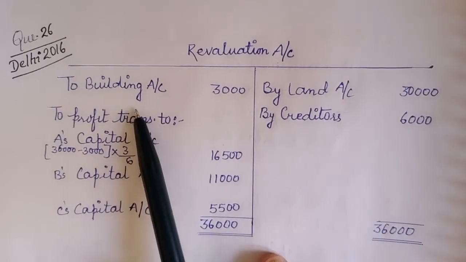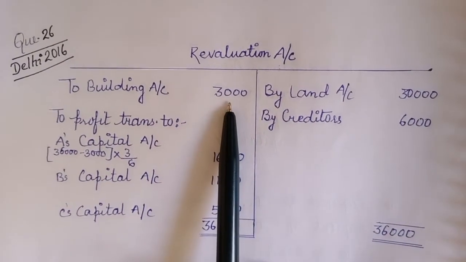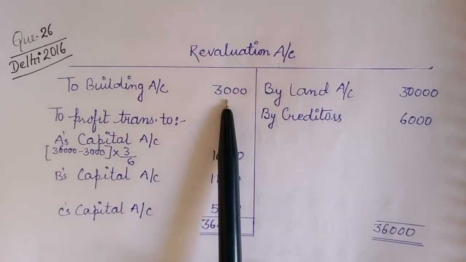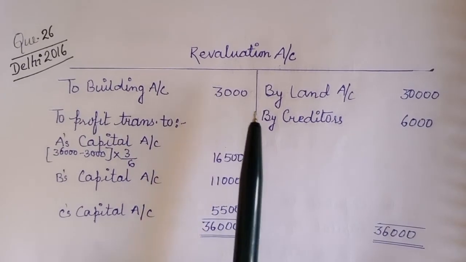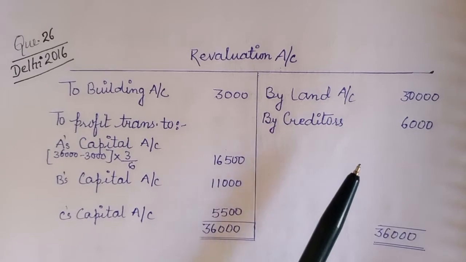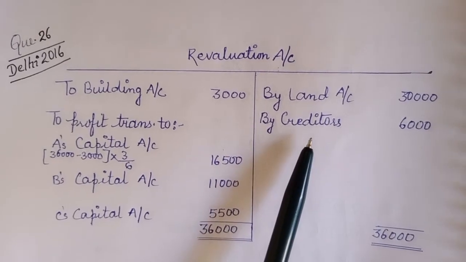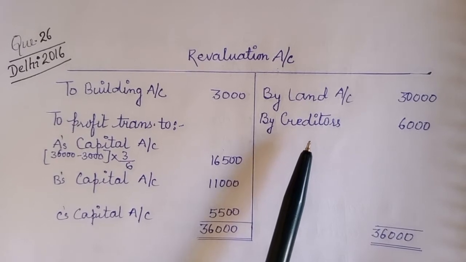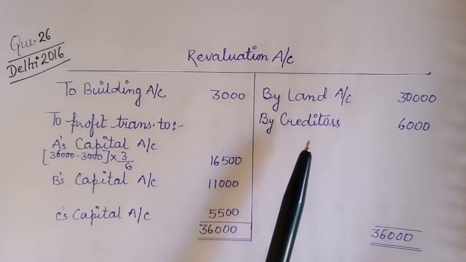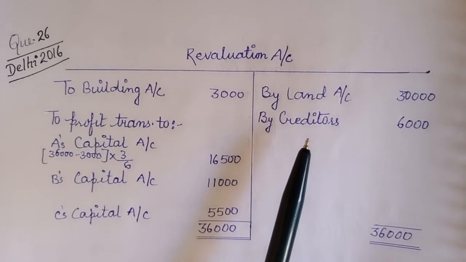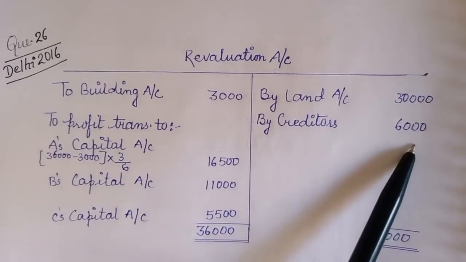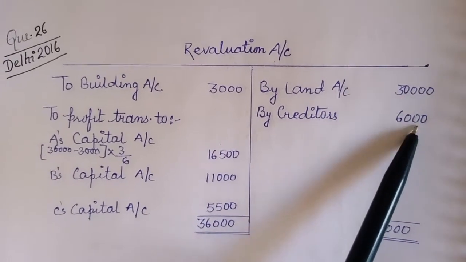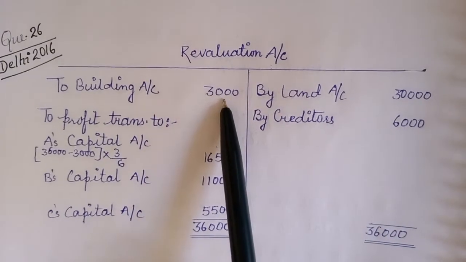Likewise for building, it is to be depreciated by 6%. So 3,000 we are getting as the amount, and creditors of rupees 6,000 are not likely to be claimed and hence should be written off. So there is decrease in one of the liabilities, that is creditors, since they are not going to claim rupees 6,000. Now again total it, 36,000 minus 3,000.